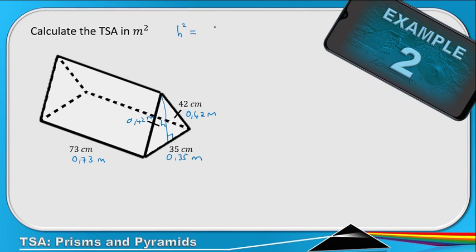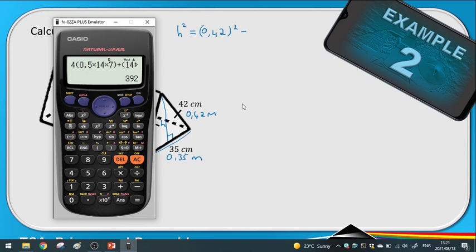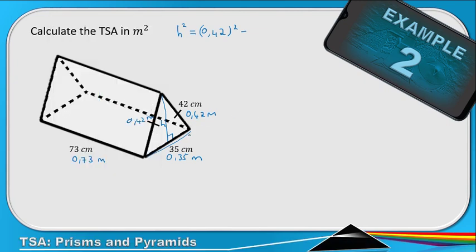So h squared is equal to 0.42 squared minus the shorter side. Now this shorter side, we can see this whole long side here is 0.35, so half of that is 0.35 divided by 2, and that gives us 7/40, or 0.175. So 0.175 over here squared.